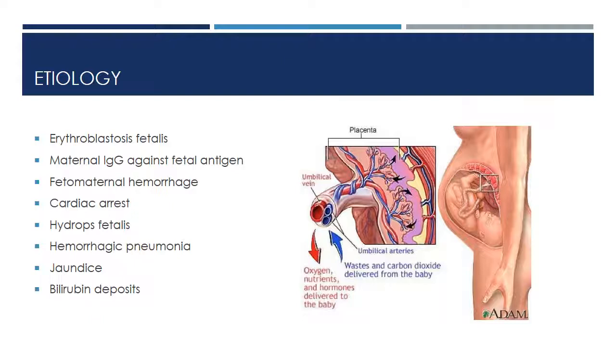If the child still ends up being delivered, not necessarily having the most serious case, but having any kind of hemolytic disease of the fetus and newborn, remember that when a normal child without an immune problem is delivered, you're going to have a bilirubin issue.